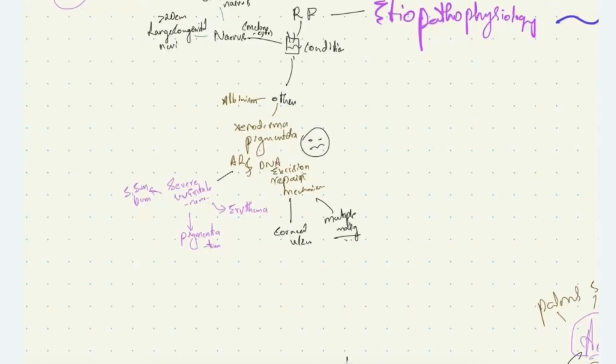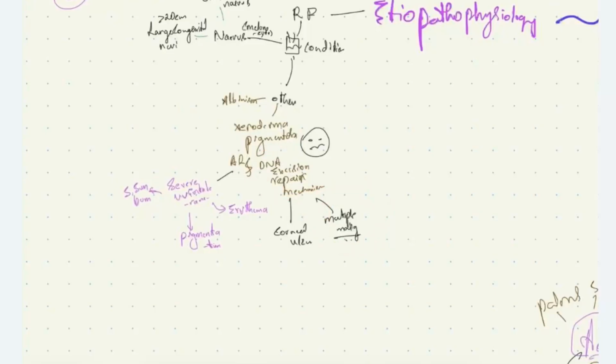Due to this reason, the patient can develop severe UV intolerance. He has severe intolerance to UV light, and the patient will have clinically severe sunburns, severe pigmentation, and erythematous lesions on exposure to sun. Along with these, the patient will have severe corneal ulcers, and also many other malignancies because here the DNA excision repair mechanism is impaired.